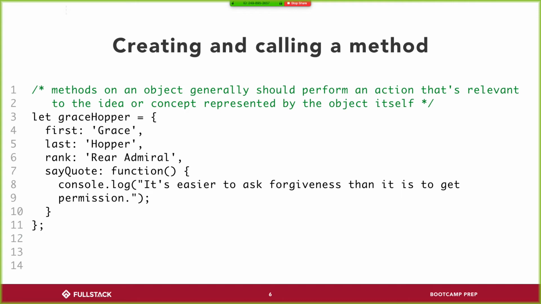So this point is very important. Why would you put a method on an object instead of just having it live by itself? It probably makes sense that it's grouped together with that object because it somehow relates to that object in some way.